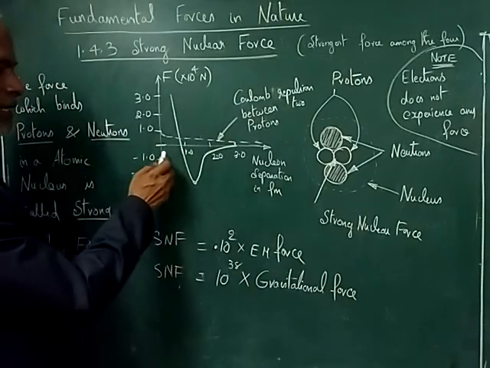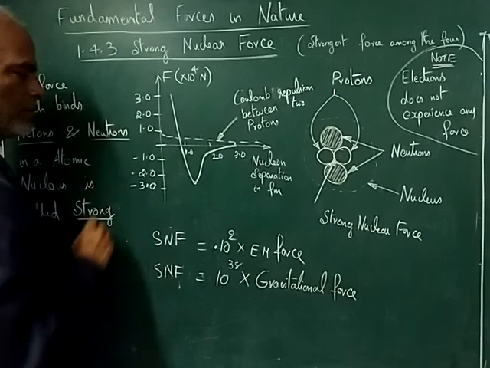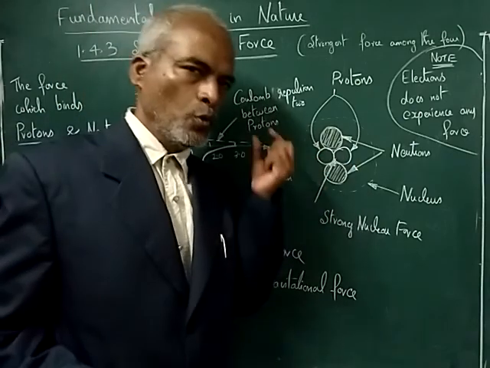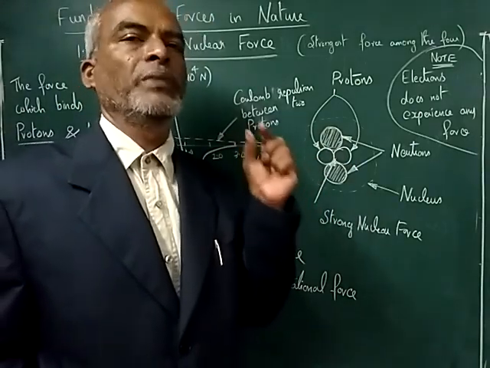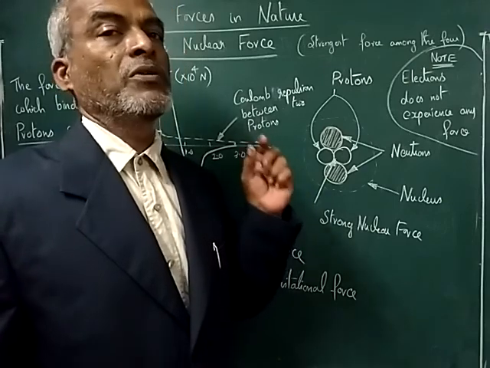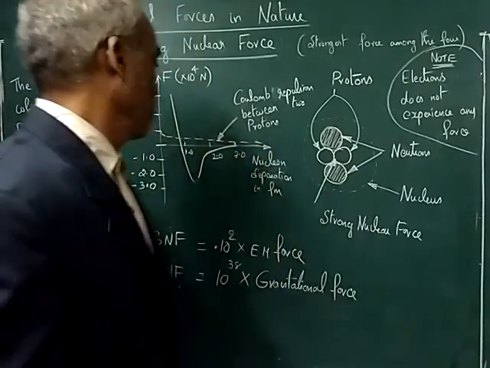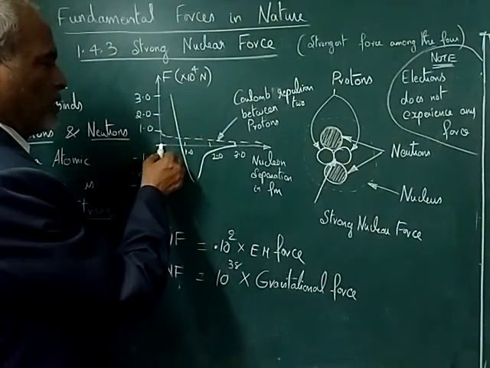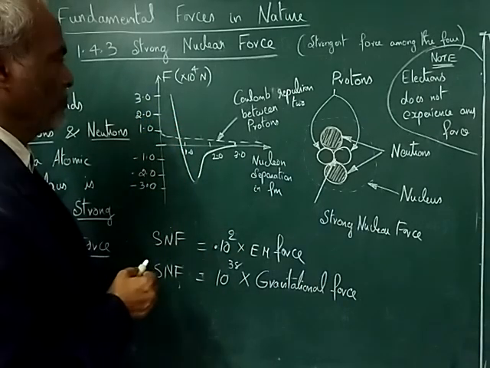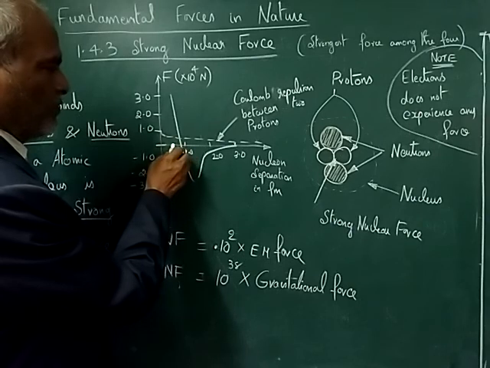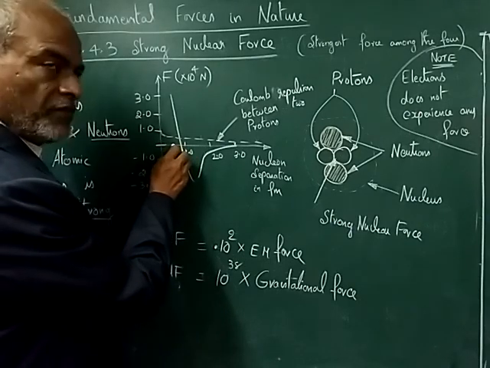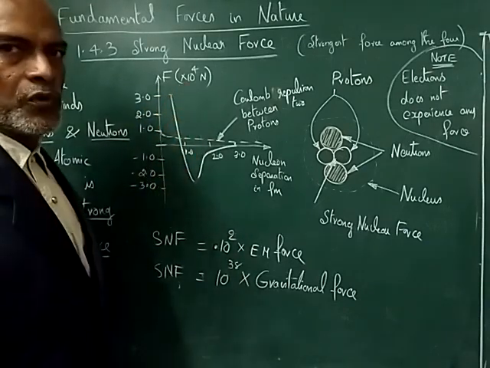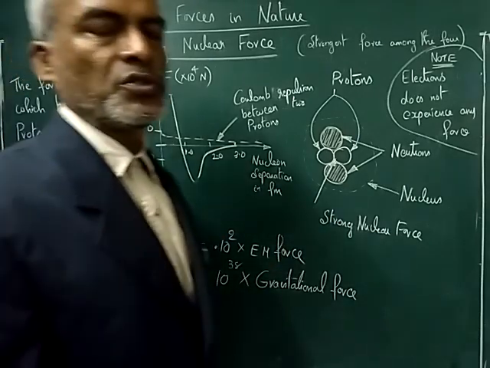If you look carefully, when the distance between two nucleons is less than 1 femtometer, that is 1 into 10 power minus 15 meter, the force is positive, attractive. Anything above this is attractive force. Suppose you take roughly 0.5 femtometer, it has 3 into 10 power 4 Newton, that is 3 followed by 4 zeros Newton.